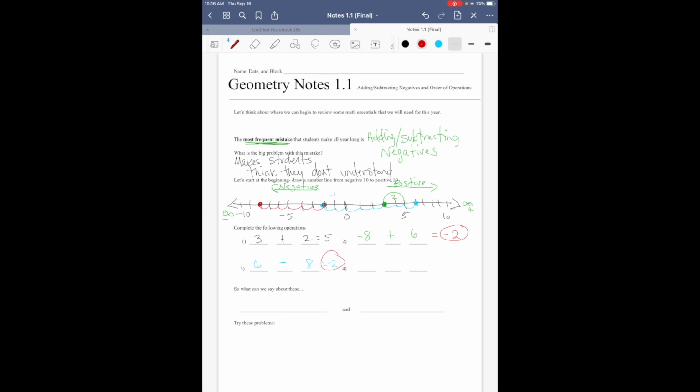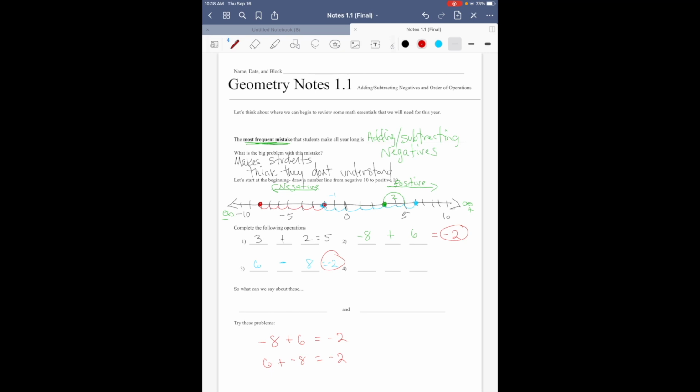So what can we say about this, right? If I said negative 8 plus 6, we said that was negative 2. But isn't this the same if I said 6 plus negative 8 equals negative 2? Wouldn't that be the same thing?